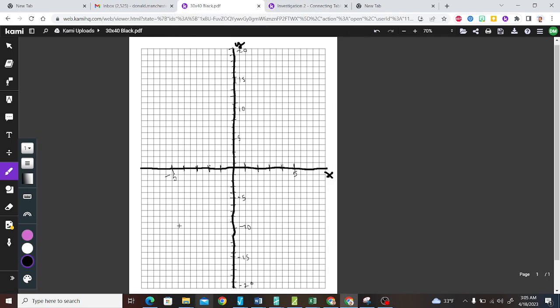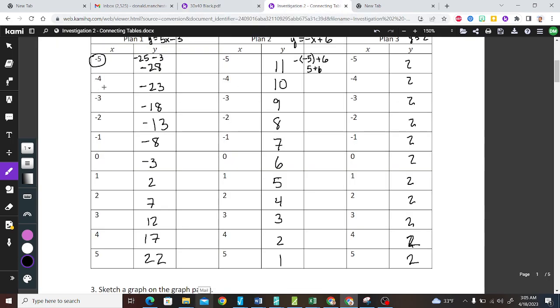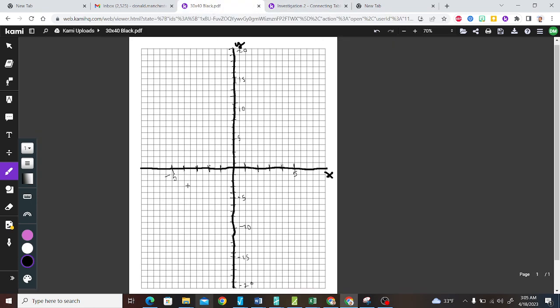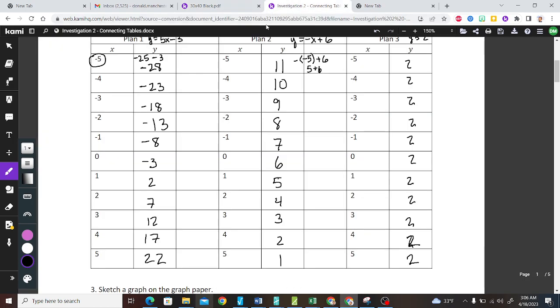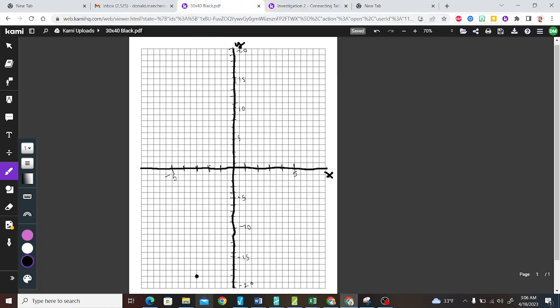I can't graph that on here, so I move on. -4, -23, I can't graph that. -3 and -18, I can graph that. -3, go down here to -18. There's my first point. Then I have -2 and -13. Then -1 and -8 right here.